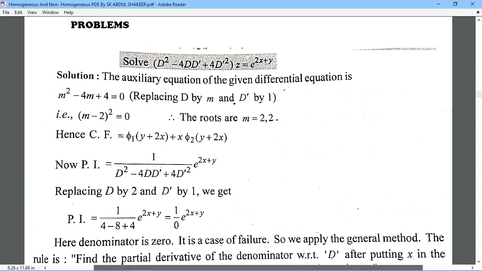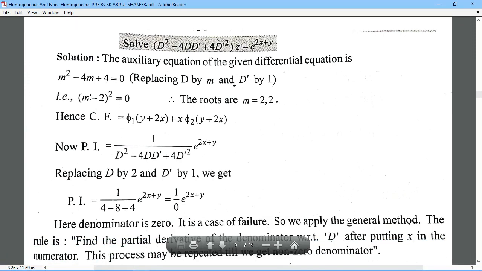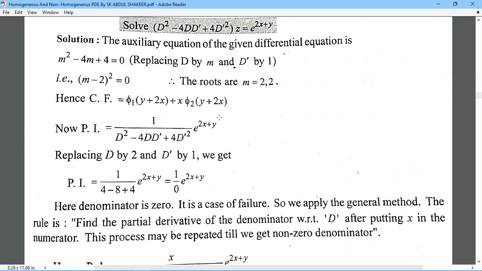Replacing these values, we will get the auxiliary equation. Here the two roots are m equal to 2, 2. For these roots, we will have CF, that is phi 1 of y plus m1x plus x into phi 2 of y plus m1x. Here m1 equal to m2, that is m1 equal to m2 equal to 2. So CF is very easy to find.